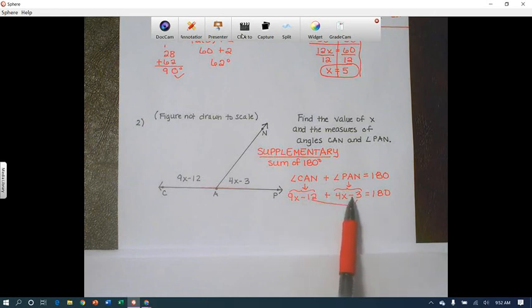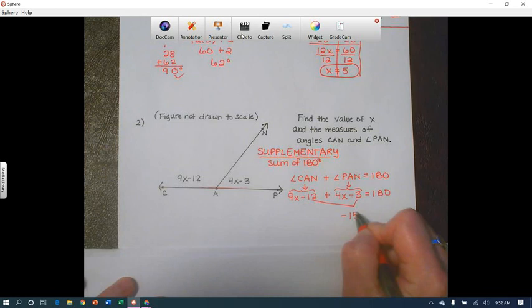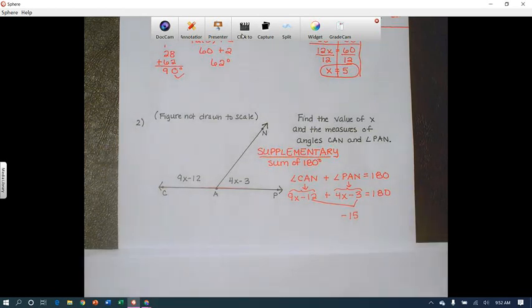Negative 12 plus negative 3. If you owe someone $12 and then owe them another $3, you're going to owe them $15. That is negative 15. Be careful, remember to look at the sign in front of the term. So I combine my constants.